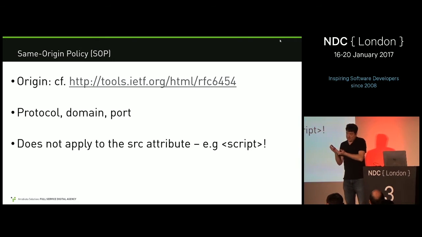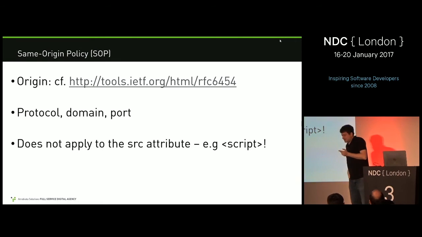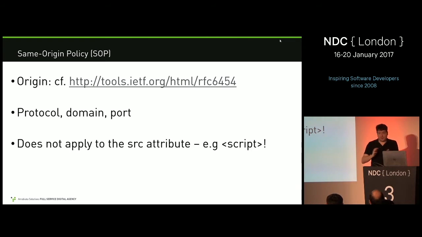Thanks to the same origin policy, the origin must be ndc-london.com, otherwise that would not be possible. The same origin policy does not apply to the src attribute. You can load code from anywhere, but the security context the JavaScript code runs in is the origin of the HTML page that loads the code.